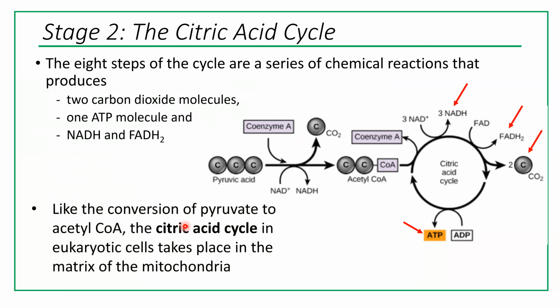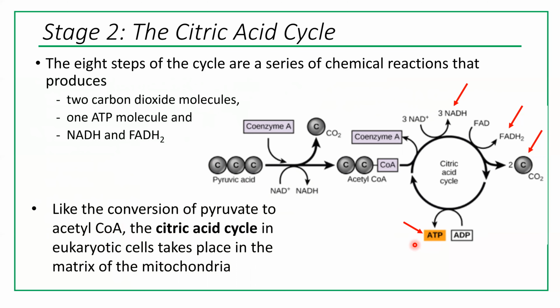Like the conversion of pyruvate to acetyl-CoA, the citric acid cycle in eukaryotic cells takes place in the matrix of the mitochondria. So we're making very little ATP, but remember this is for one pyruvic acid, and one glucose molecule yields 2 pyruvic acids. So from one glucose molecule, we will have 2 ATPs.